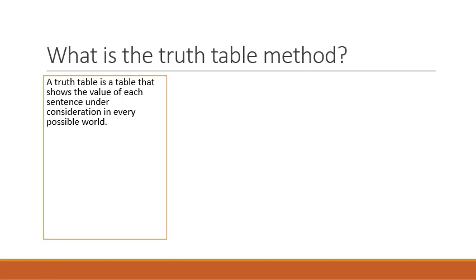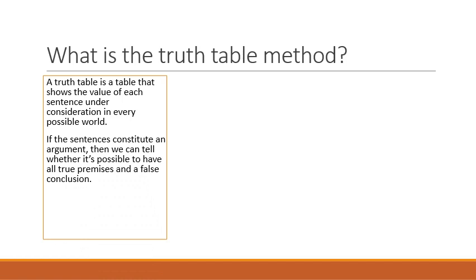You put them into this table and you calculate what the value of that sentence is going to be in each possible combination of truth and falsehood for the component parts. Remember that the value of a sentence is dependent on the values of the atomic sentences, so the P's and the Q's and the R's and the S's and so on and so forth.